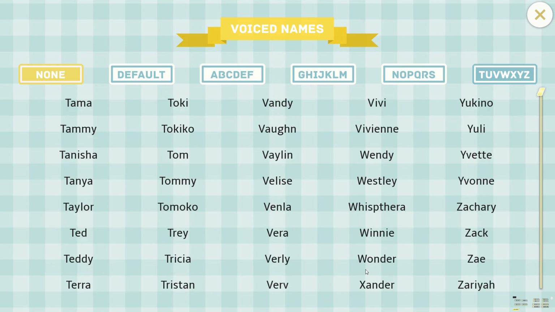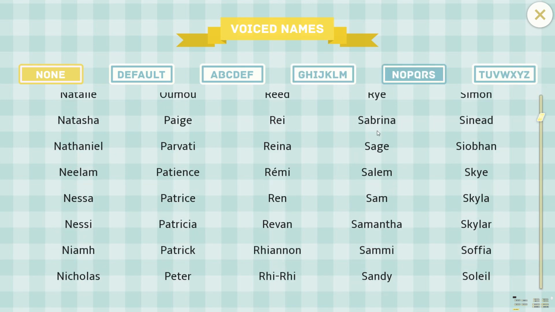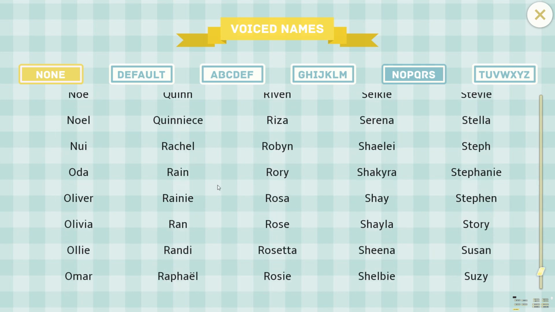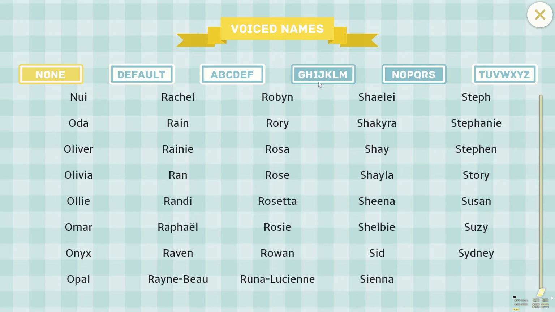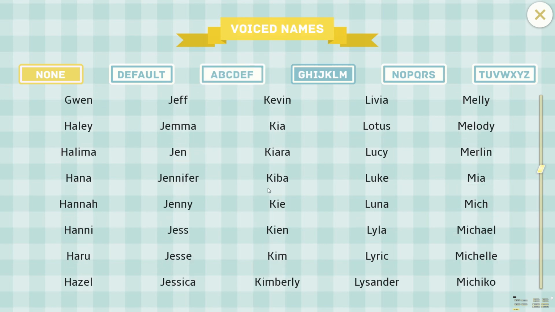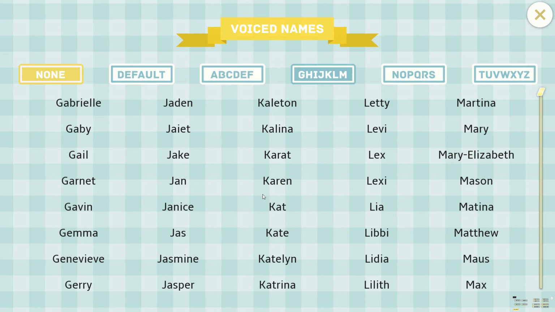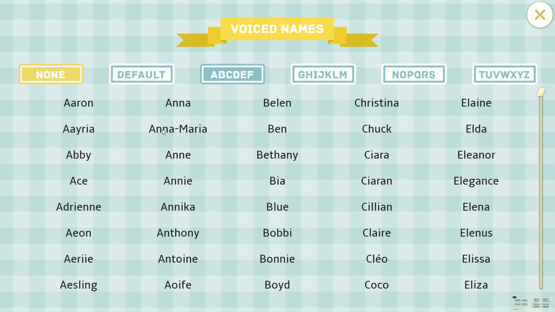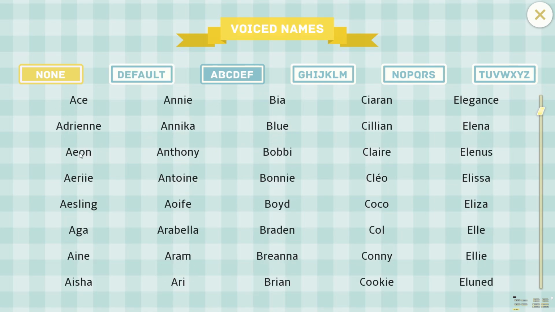Oh wow, they even got Sabrina Sage Scholar. Guys, people, I guess this game must have been kickstarted at one point. Karen, Maria Elizabeth, Anna Maria, Aeon. Interesting.